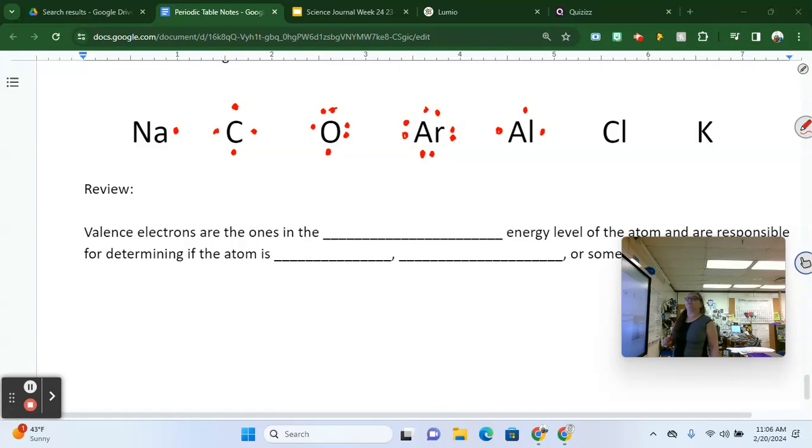Right, it's a halogen. It's in family 17. So how many? 7. So this explains why chlorine wants to bond with stuff so much, because it only needs 1 valence electron. So that's why it's so unstable. And then potassium, yep, also in family 1. So it has 1.